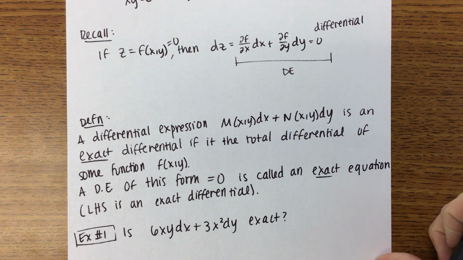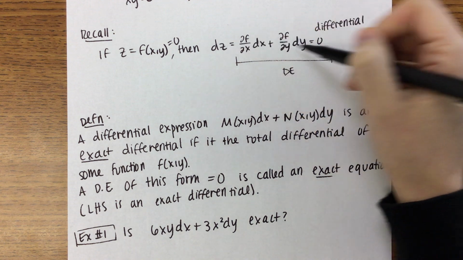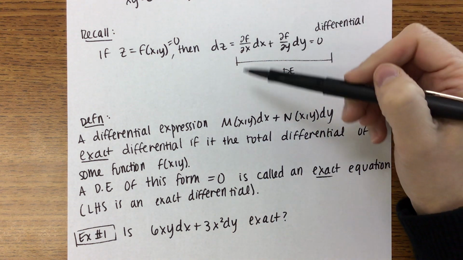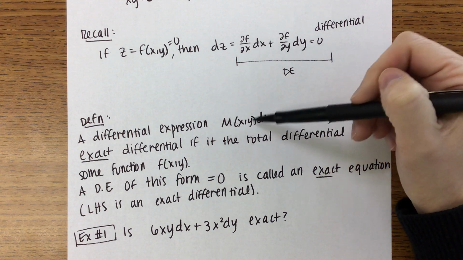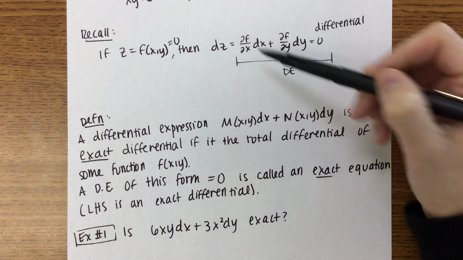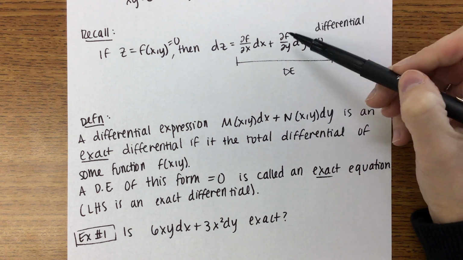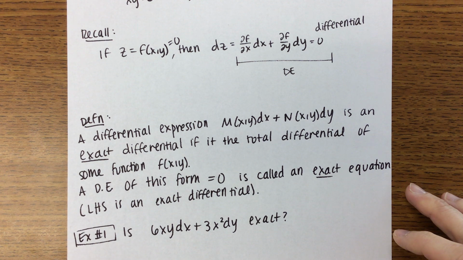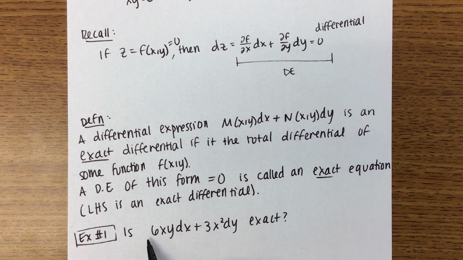Okay, so if we look back up here, for this expression to be exact, this M of x,y has to be the partial of some f with respect to x. N of x,y has to be the partial of f with respect to y. Can you all think of a function where this would be the partial with respect to x and this would be the partial with respect to y?